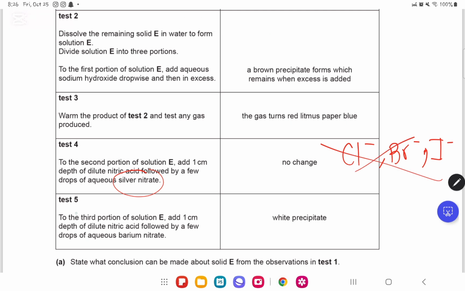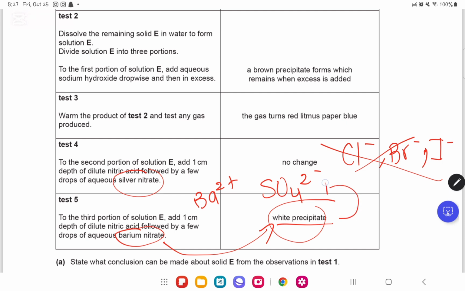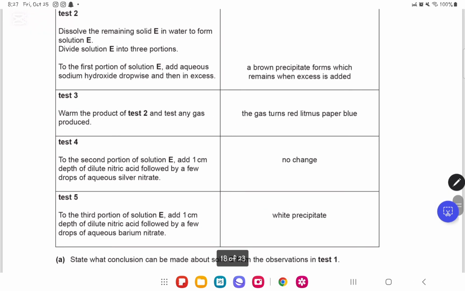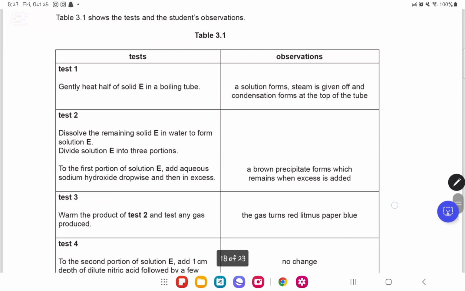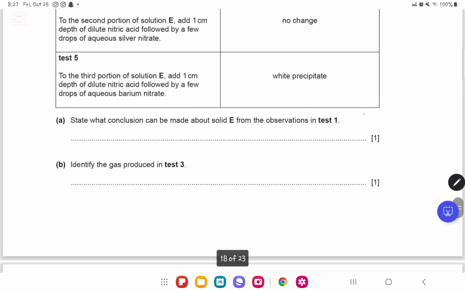They told us that when they added barium nitrate, there was a white precipitate. So barium, Ba2+, forms only a white precipitate with SO4 2 minus. So that means this white precipitate is definitely SO4 2 minus. So I believe we have a couple of ions here. So let's go down and see.